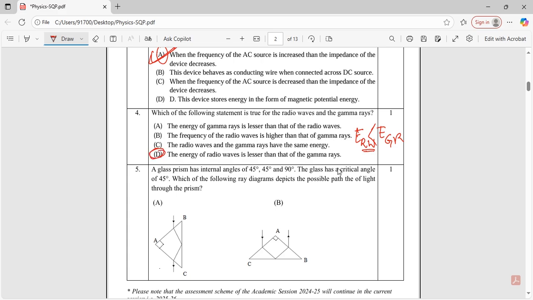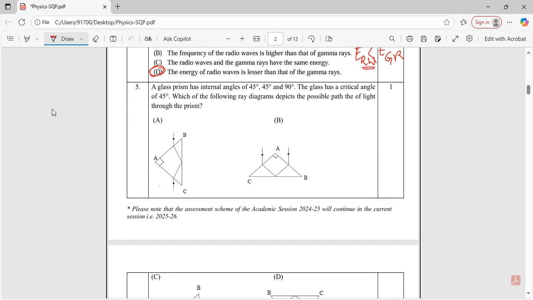Now question number 5. If a glass prism has internal angles of 45 degrees, 45 degrees and 90 degrees, and the glass has a critical angle of 45 degrees, which of the following ray diagrams depicts the possible path of light through the prism? So the 90 degrees means 45, 45.